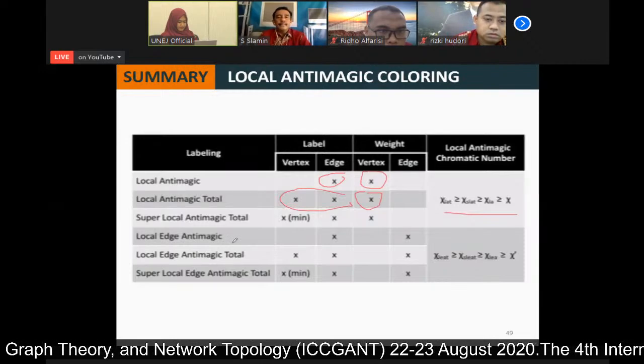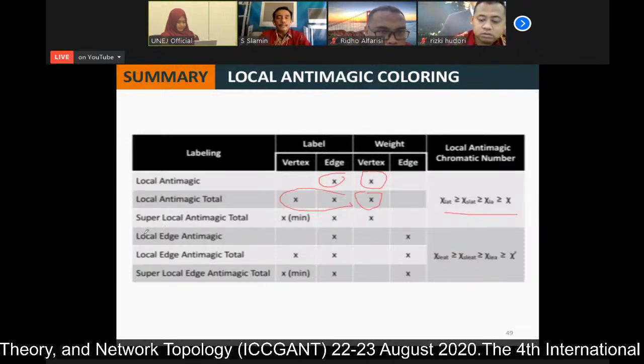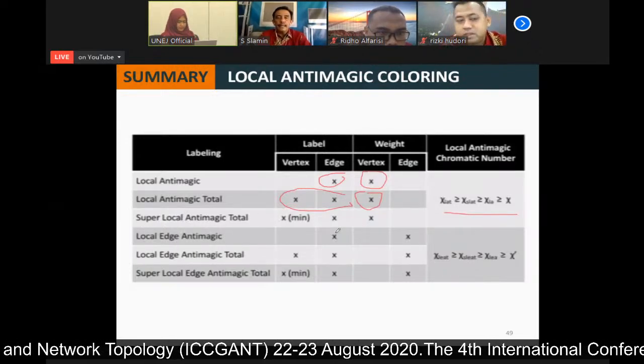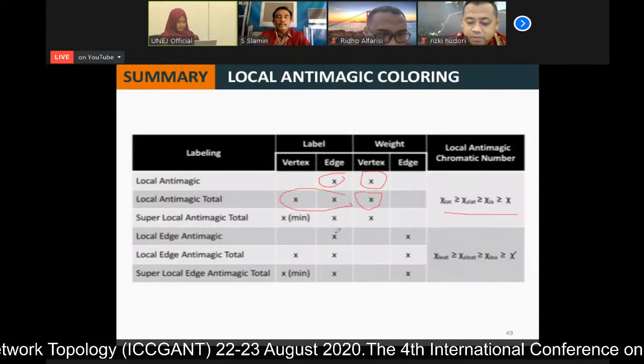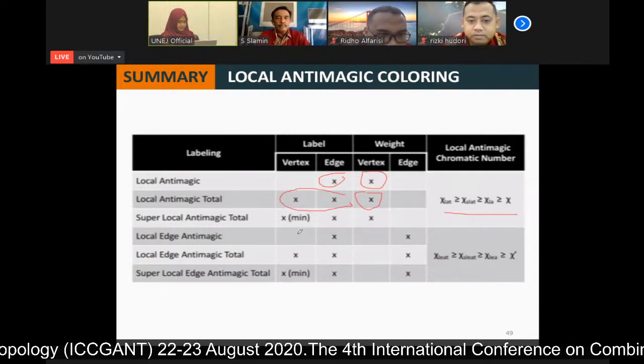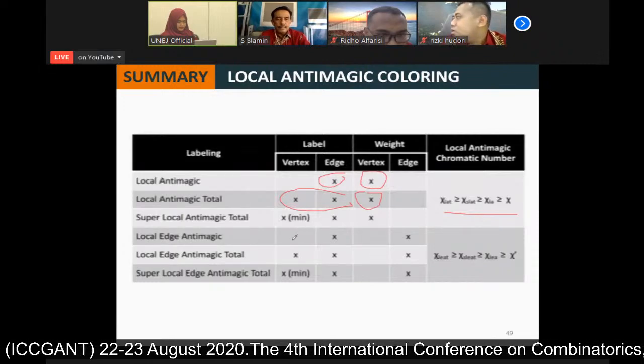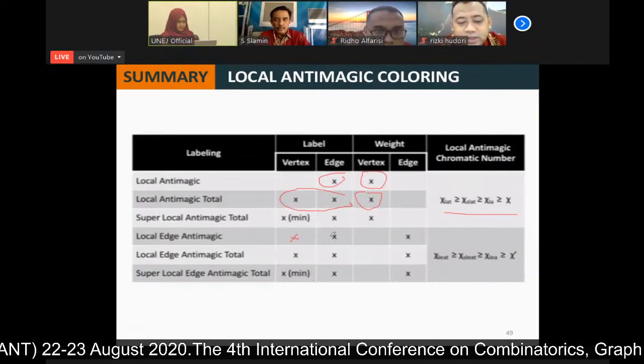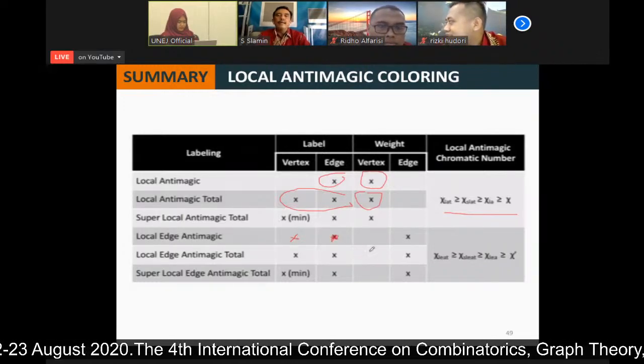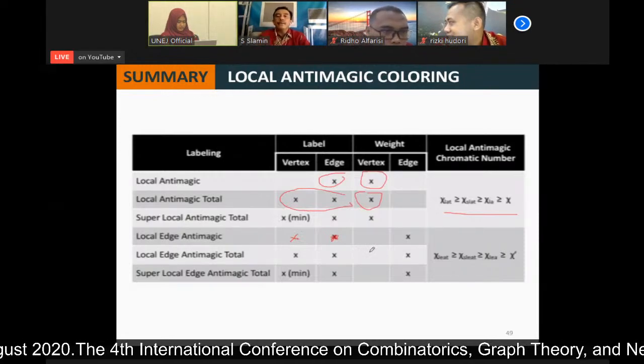The second version is super local edge anti-magic. We label the vertices, and we calculate the weights on edges.